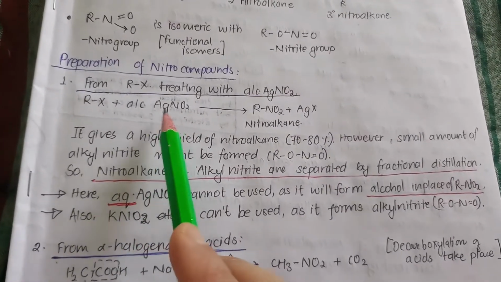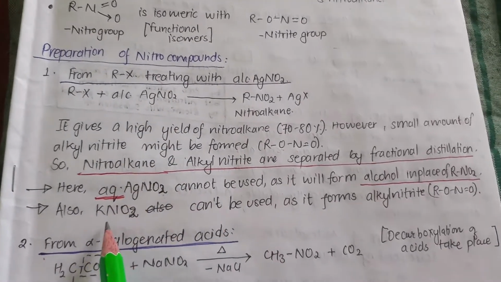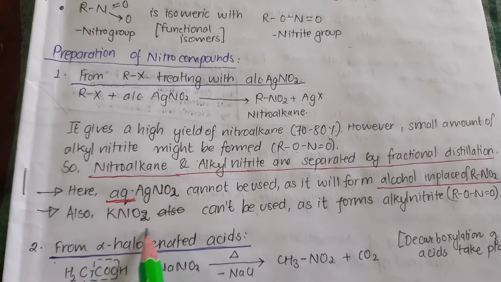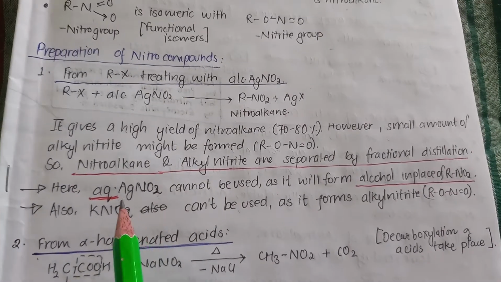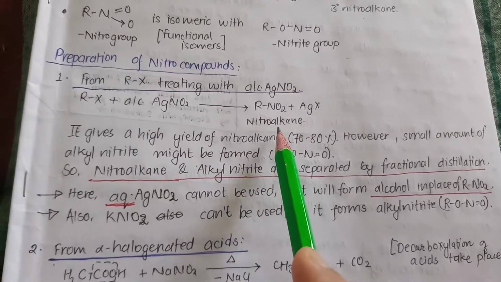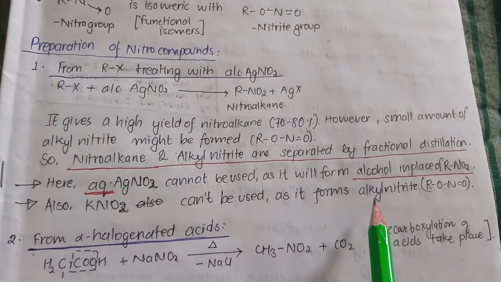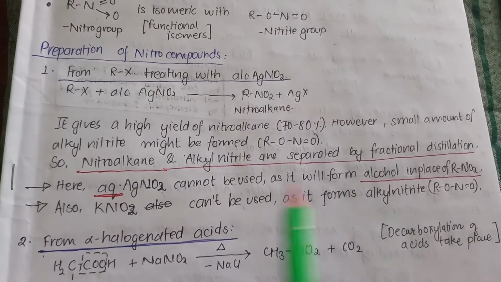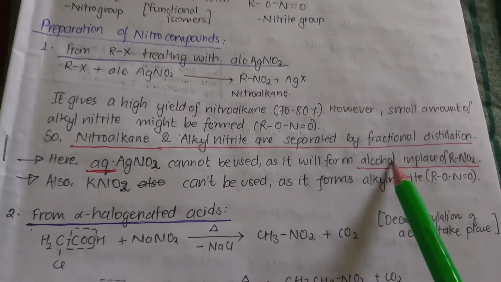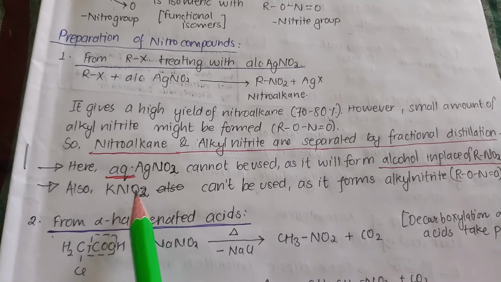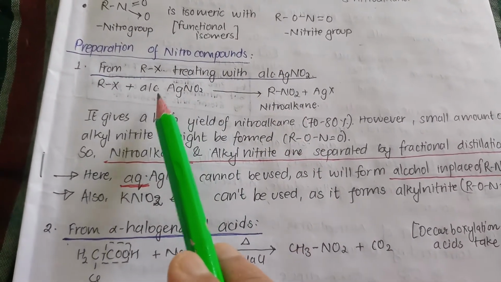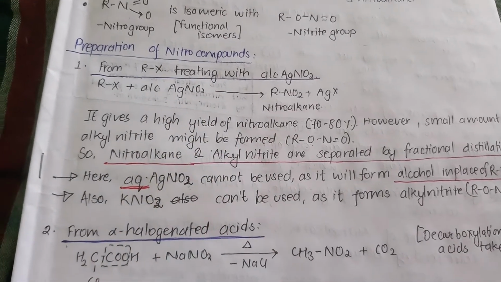Again, in place of silver nitrite we cannot use sodium nitrite or potassium nitrite, because these metal nitrites will form alkyl nitrite in place of nitroalkane, right? If we wanted to prepare alkyl nitrite, we could use potassium nitrite, but here we are preparing nitroalkane, so only the alcoholic form of silver nitrite can be used.